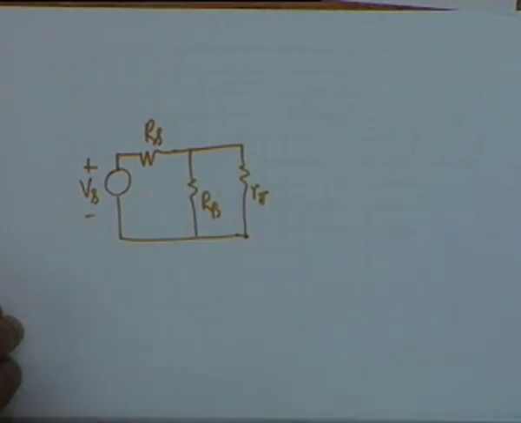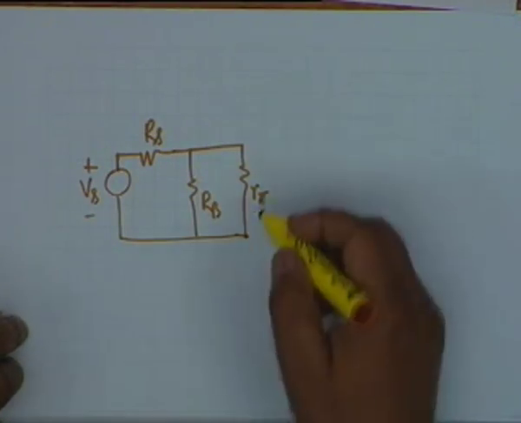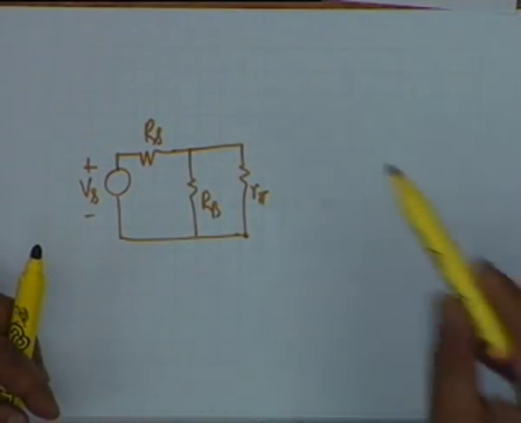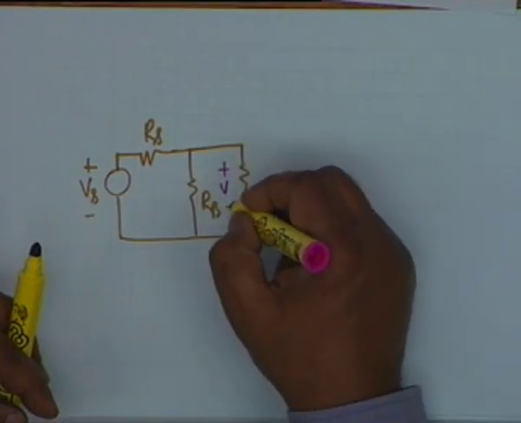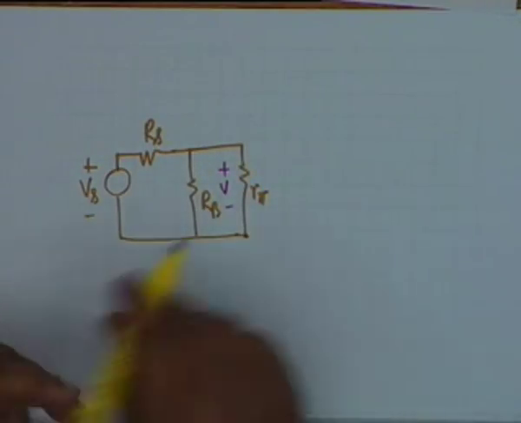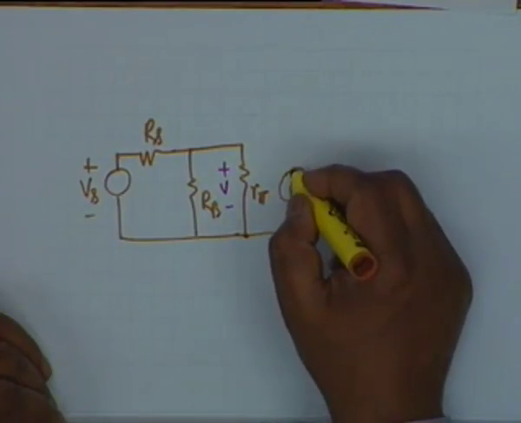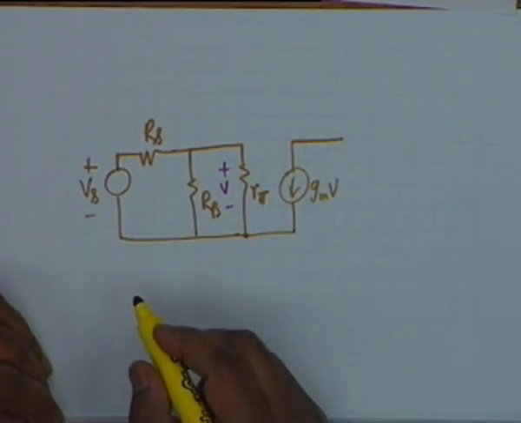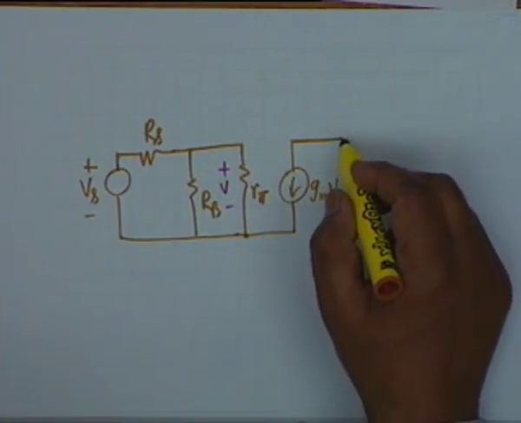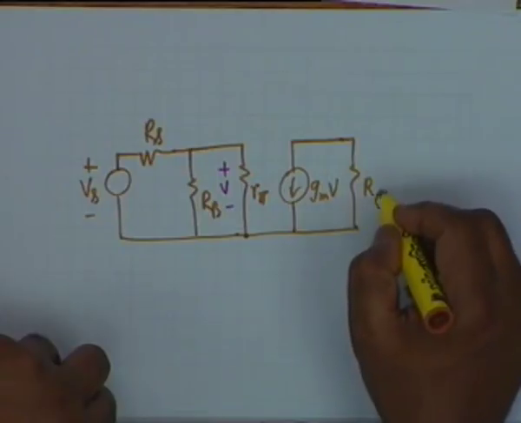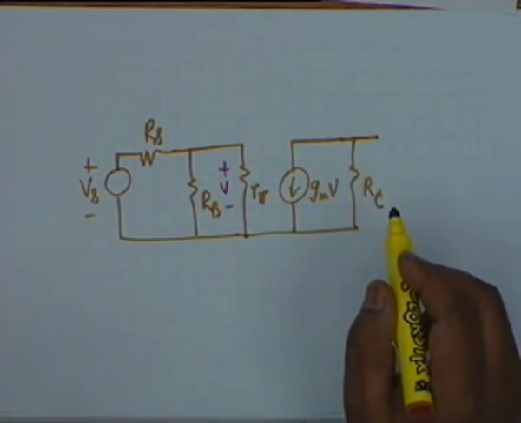R pi comes across Rb because Re and Ce are a short, and this voltage is V. Then we have gm V in parallel with R sub C, no capacitances, since C pi and C mu are ignored.